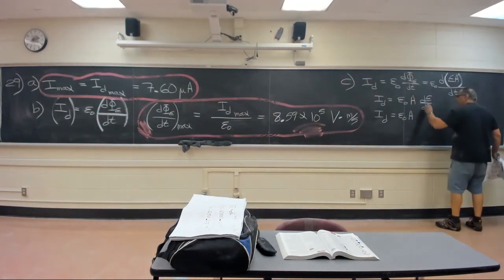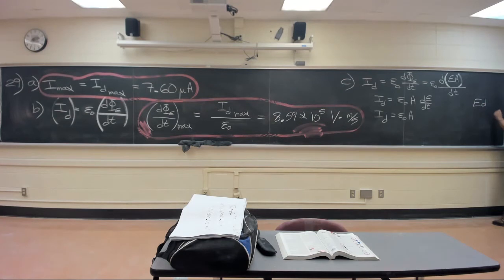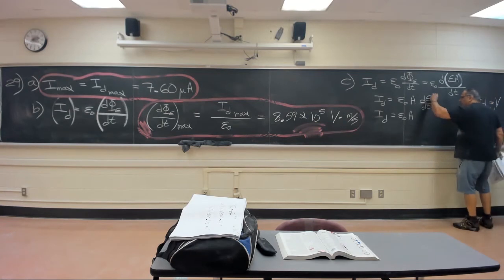Well, I'll tell you what, isn't E times D equal to the voltage? Therefore, E is voltage divided by D, or potential difference divided by D. What does that mean? That is capital V over D.